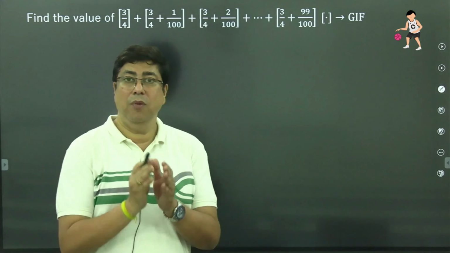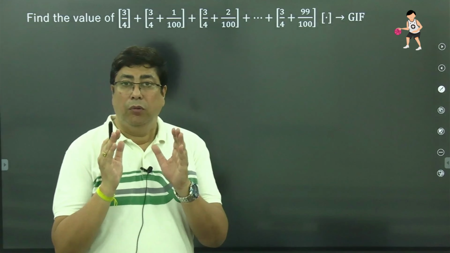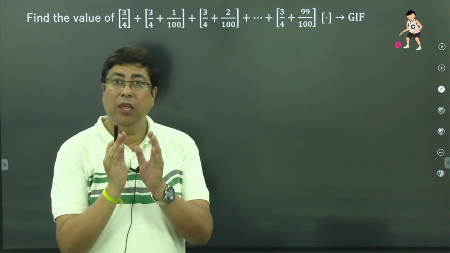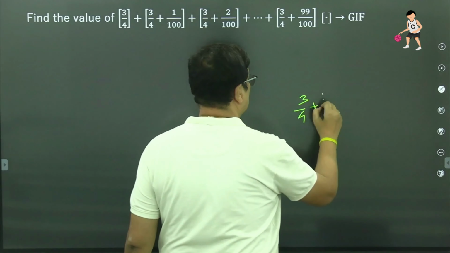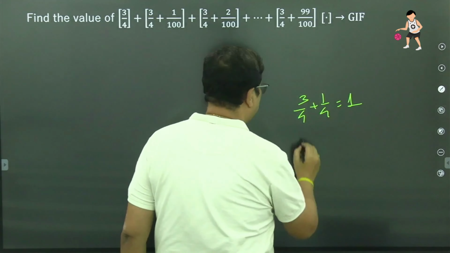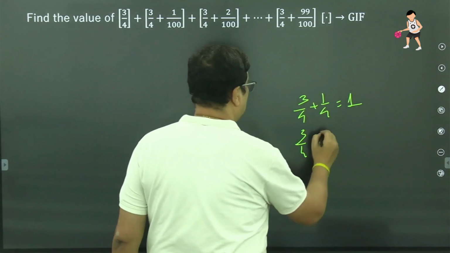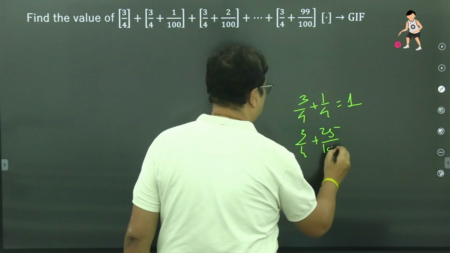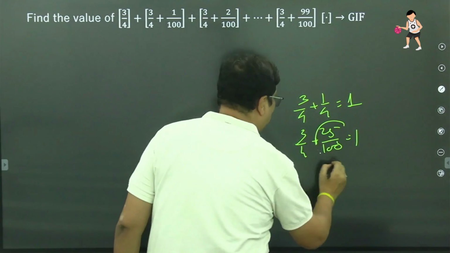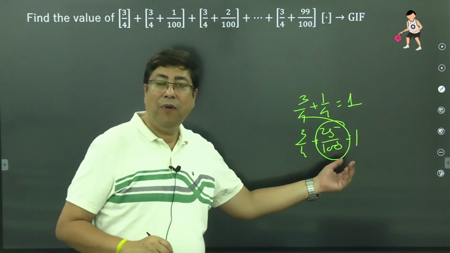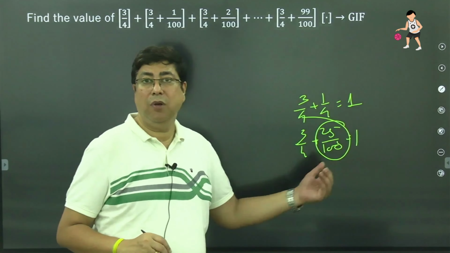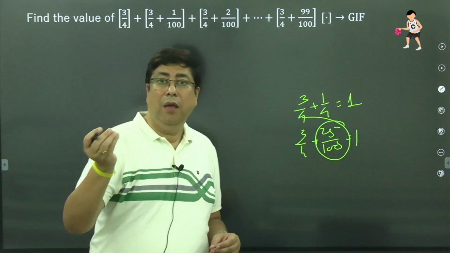So first of all, we have to see 3/4 plus what equals 1. We know that 3/4 plus 1/4 equals 1. That means 3/4 plus 25/100 equals 1. Up to before 25/100, the result will be 0.